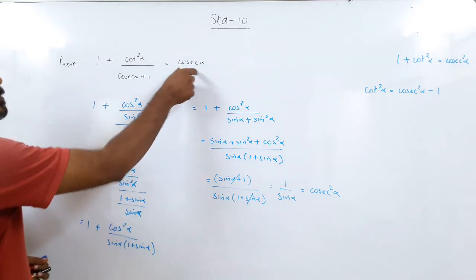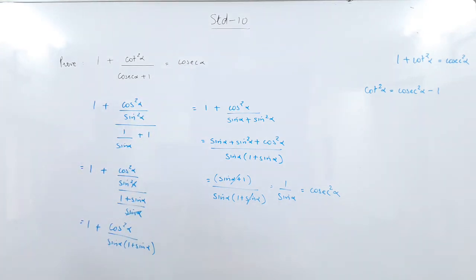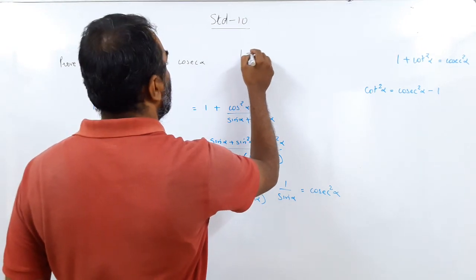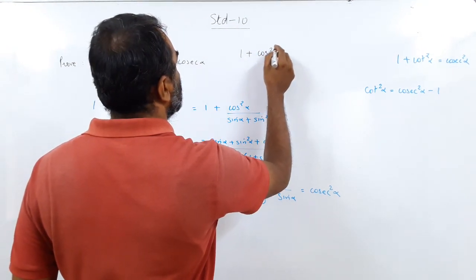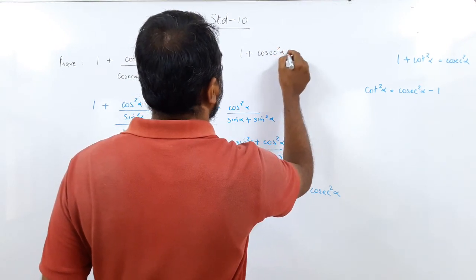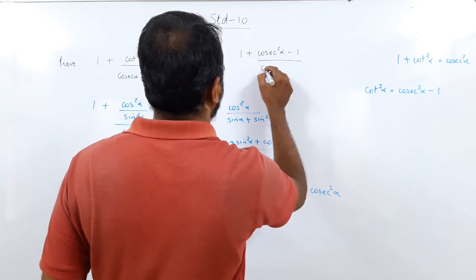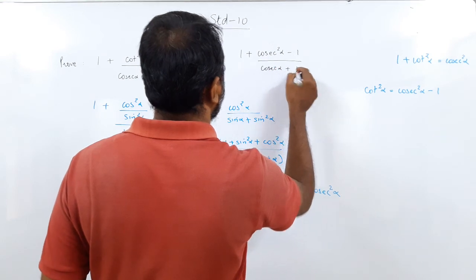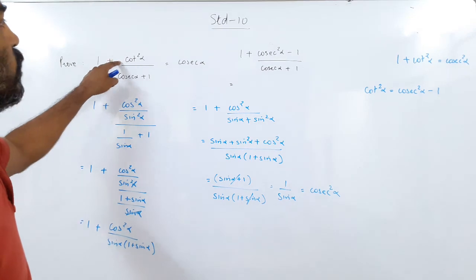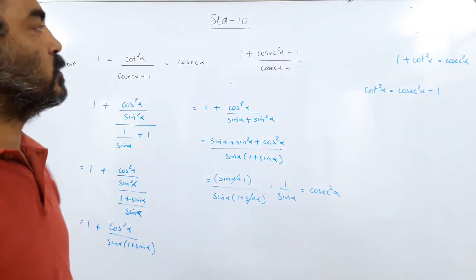Because my answer is in cosec alpha, I am going to convert. So I am going to write now, this sum is 1 plus cosec square alpha minus 1 upon cosec alpha plus 1. So what I have done, I have simply converted cot square alpha into cosec square alpha minus 1.